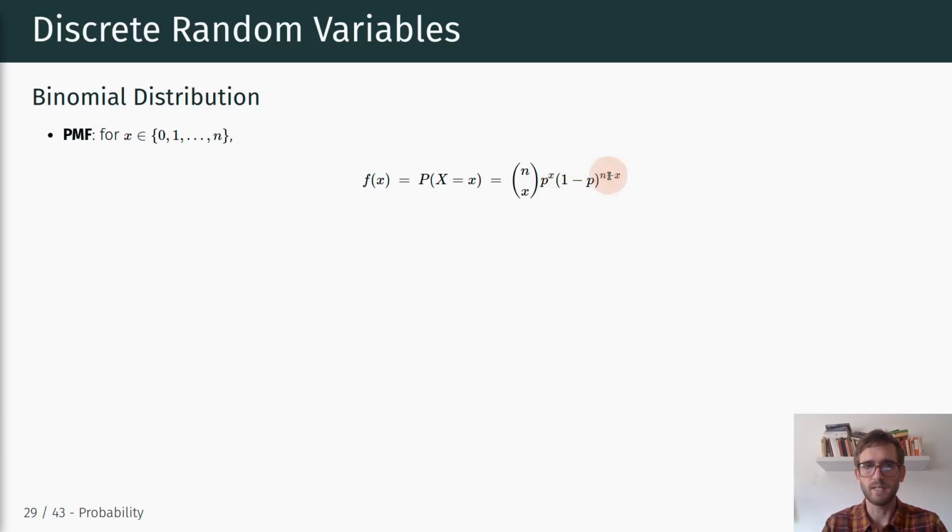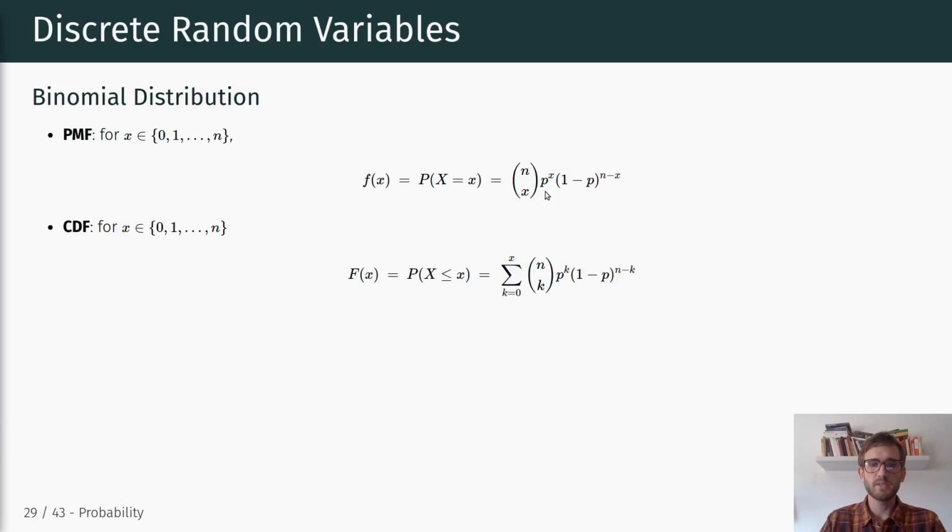So n minus x is the number of tails in that case, and then n choose x specifies the number of possible arrangements of successes or heads and tails in the sequence of n coin flips, right? So that's the underlying logic of the probability mass function for the binomial distribution.